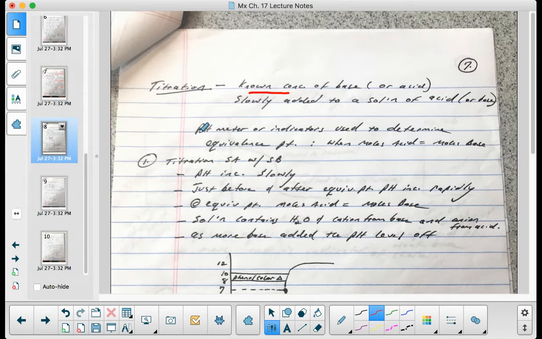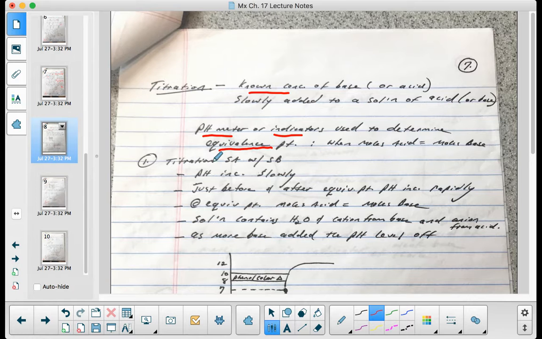We also use an instrument called a pH meter or indicators, where we want to identify the equivalence point of these reacting solutions. The equivalence point is when the moles of acid equal the moles of base, and we say that's our neutralization point.